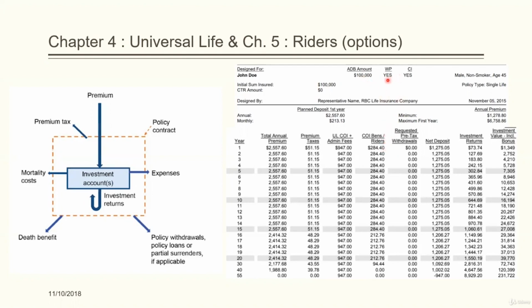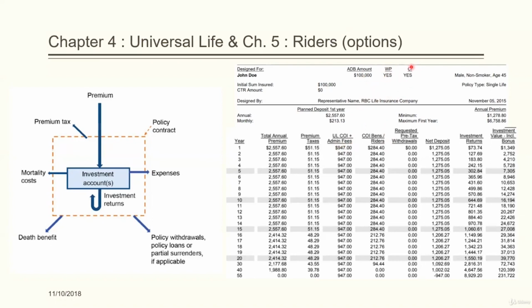Also we have waiver of premium. WP means waiver of premium. If the person becomes disabled, then the insurance company will continue to pay the premium for the life insurance. If the person gets disabled, the insurance company pays the $947 a year until the person goes back to work.